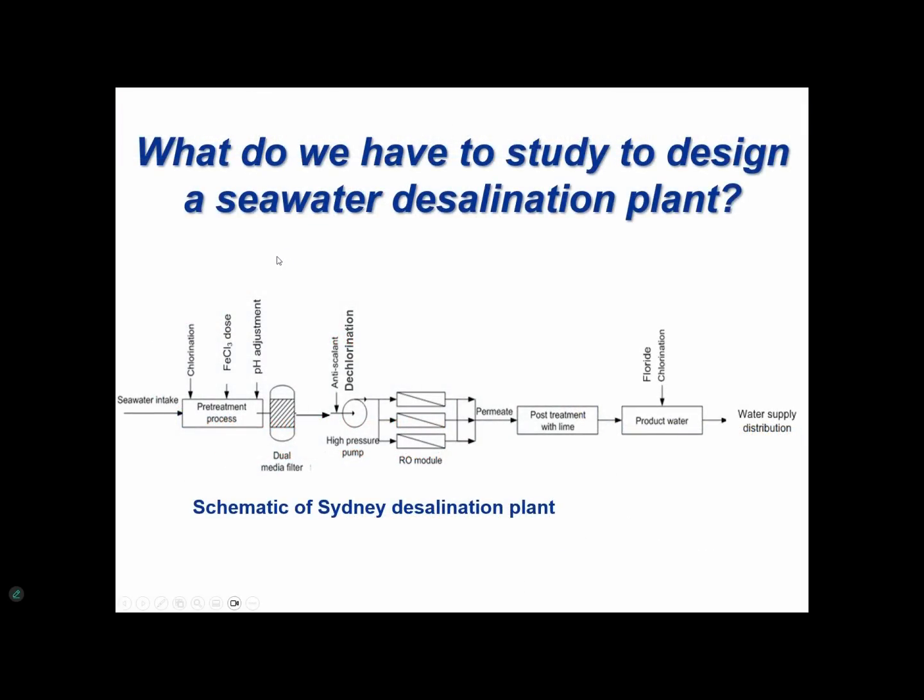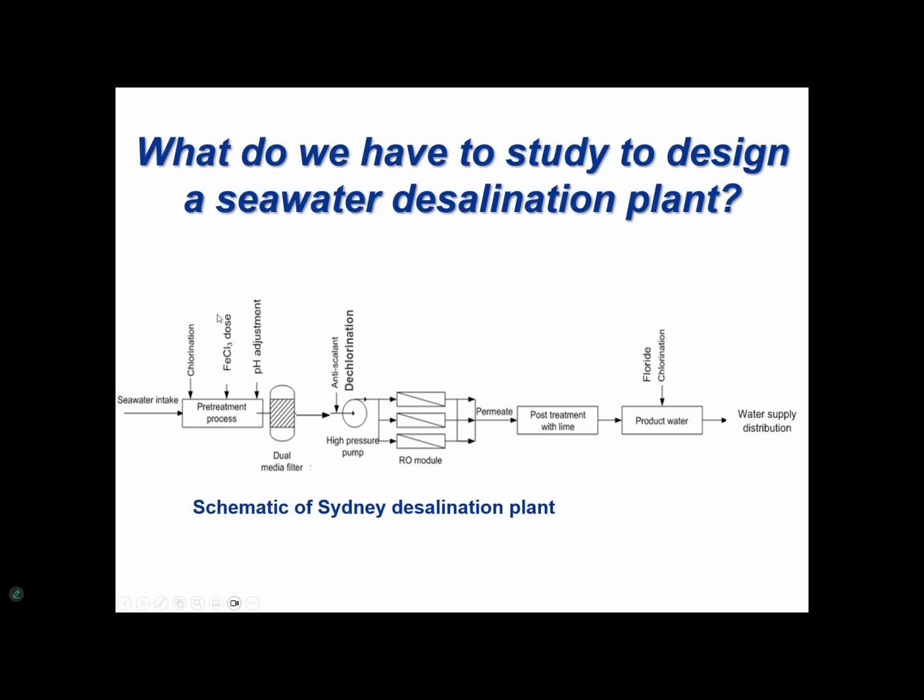And look at the process. So this is the Sydney desalination plant near the airport, and this is the intake. They first chlorinate to make sure that all the biofouling, which can damage the pump or pipeline using the biofilm, is controlled, and also ferric chloride.